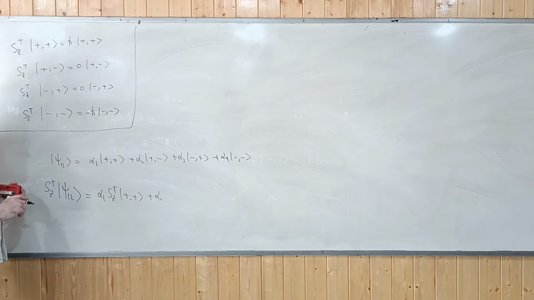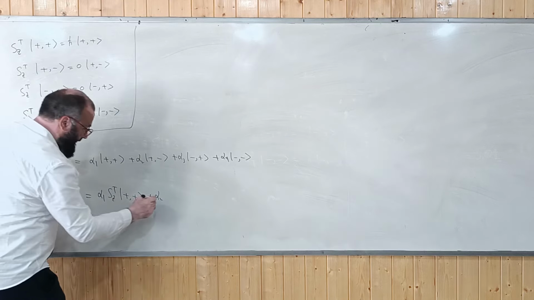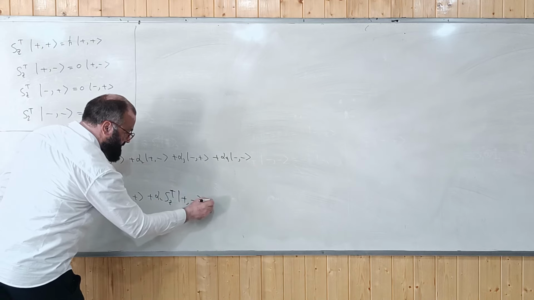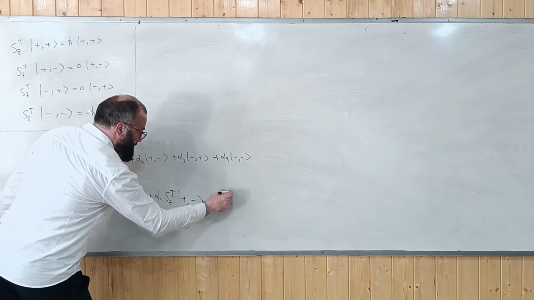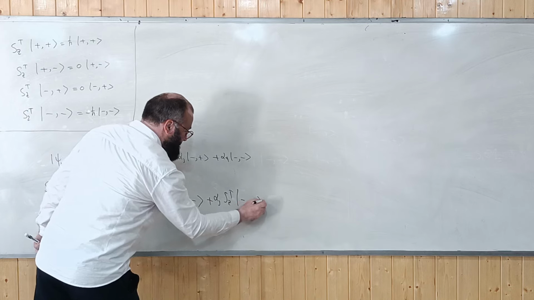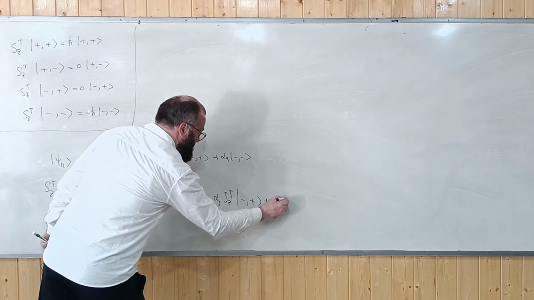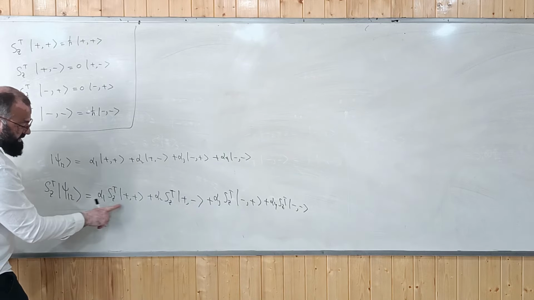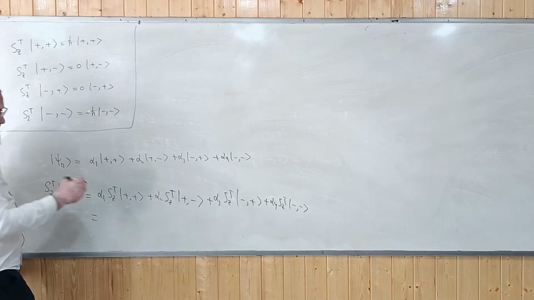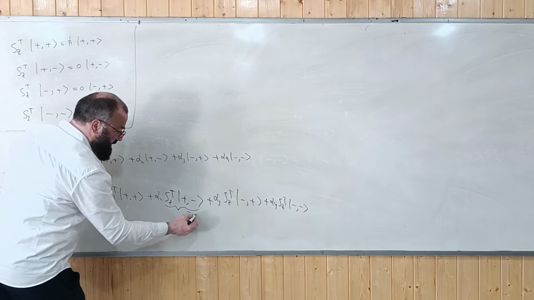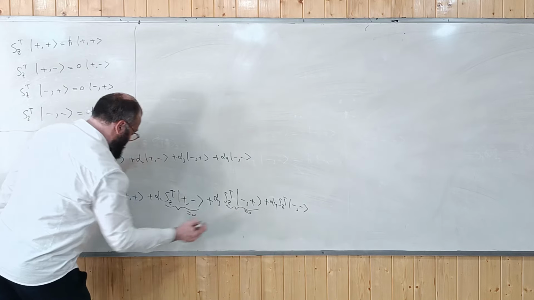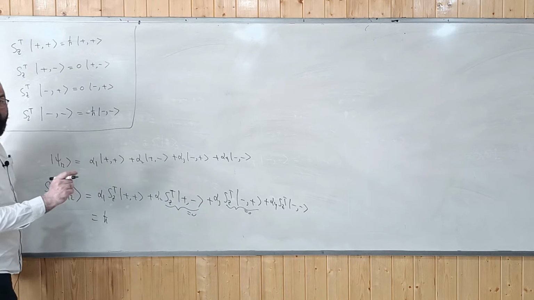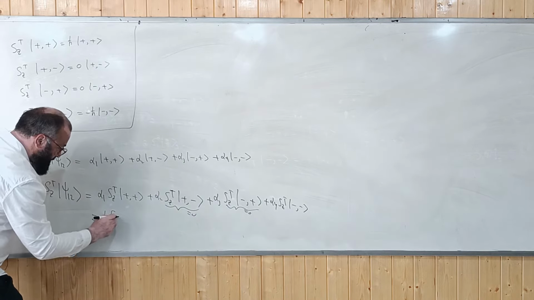Alpha 2 S_Z total acting on plus minus, plus alpha 3 S_Z total acting on minus plus, plus alpha 4 S_Z total acting on minus minus. Now tell me what is the value here. It gives me H cross. This gives you 0. This again 0. Now look here, you get H cross. In that case you get minus H cross. So I will take H cross out. So what do you have?